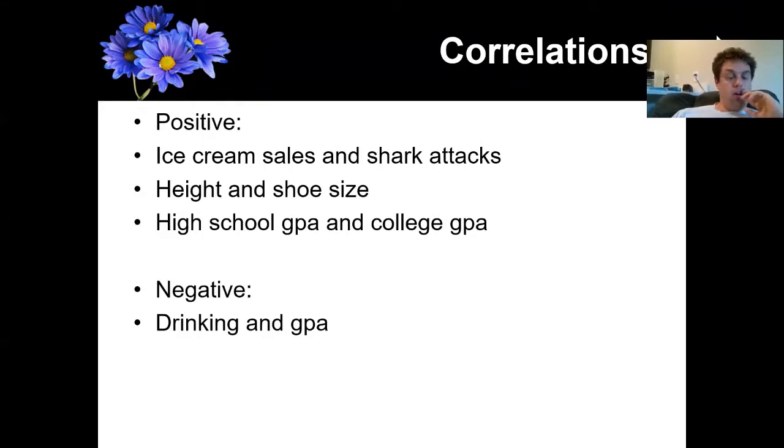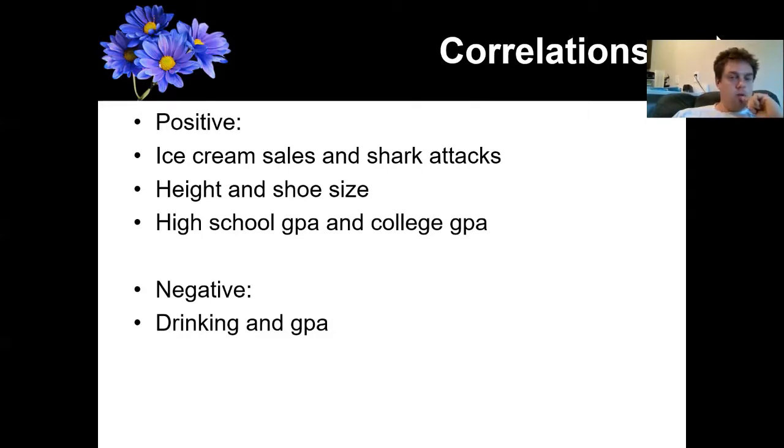Correlations can be both positive and negative, and we'll talk more about interpreting them later. A positive correlation means that as one variable goes up, the other variable or multiple variables are going to go up as well. Negative correlation means that as one variable goes up, the other one is going to go down.